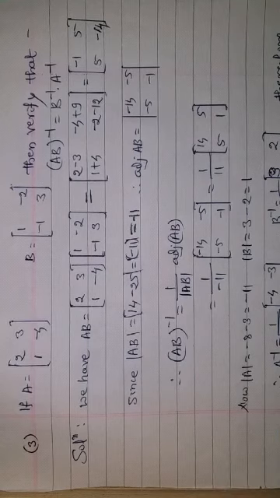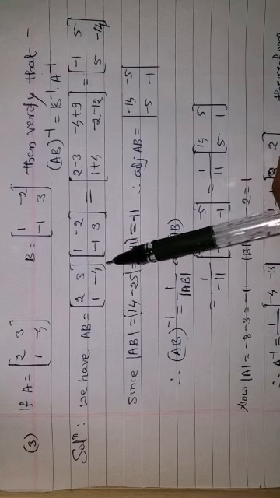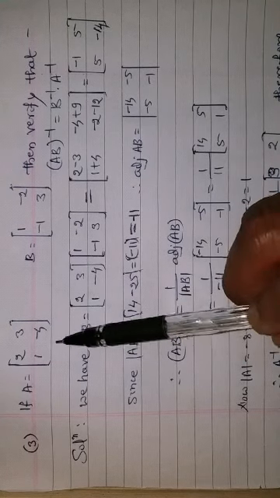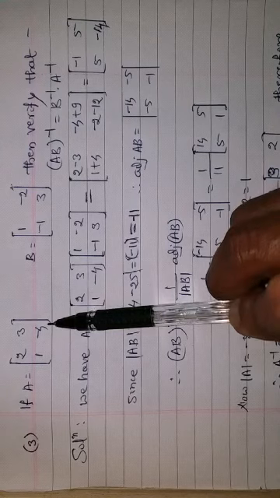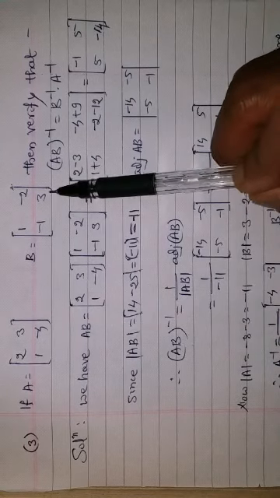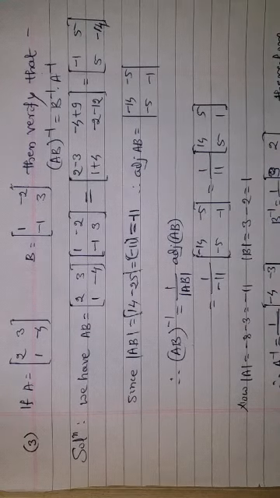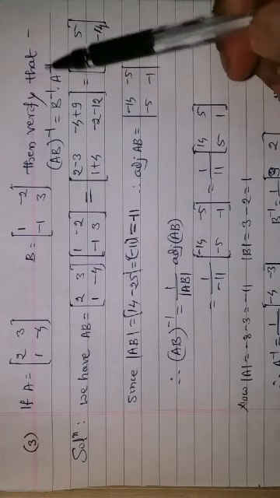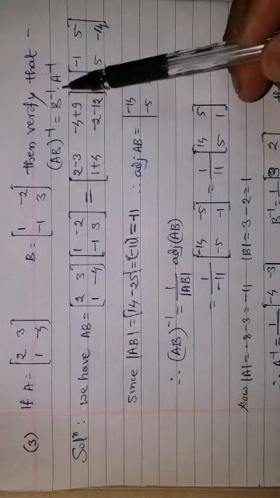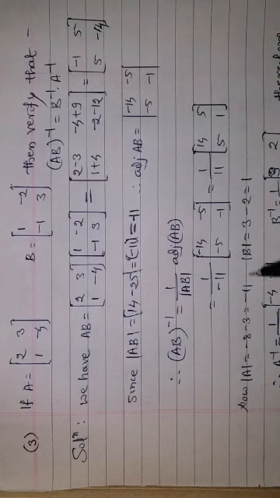Yes, this is the third problem. A is one of the square matrices of order 2, B is also a square matrix of order 2. Then verify that AB inverse equals B inverse into A inverse.